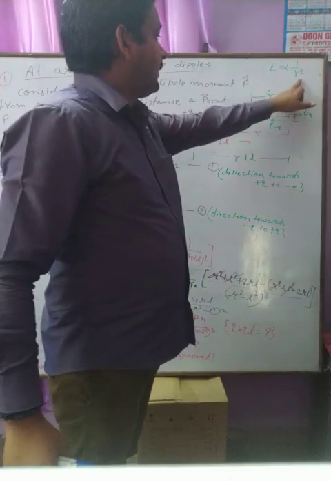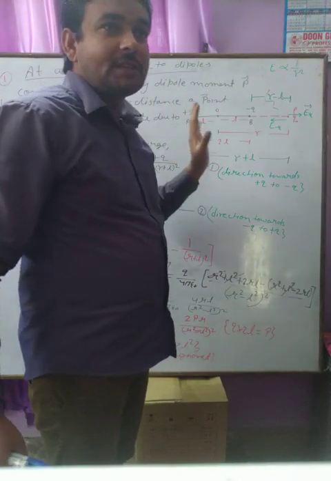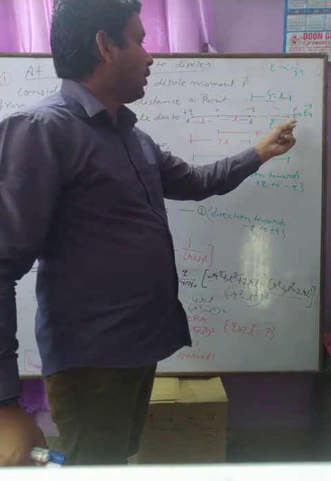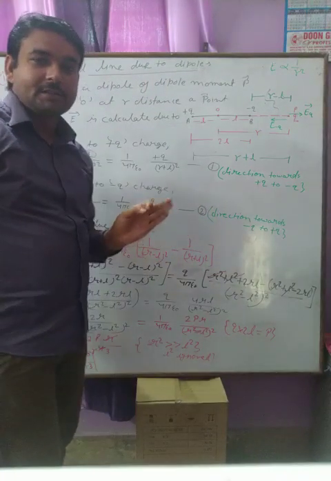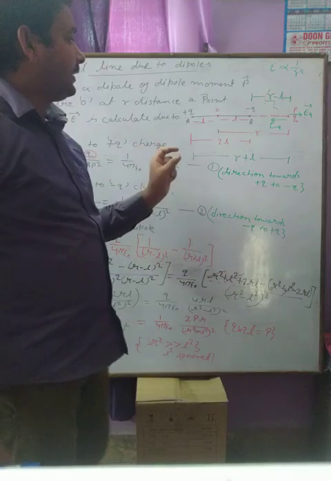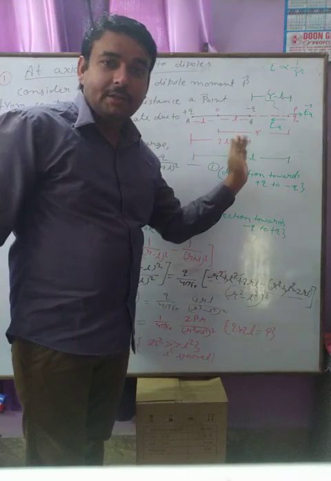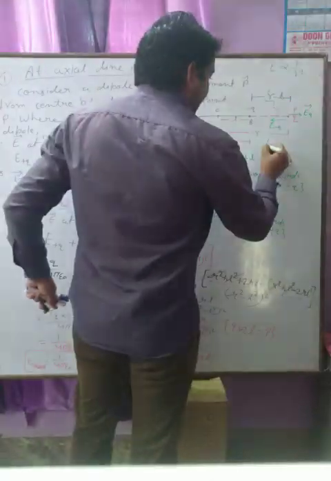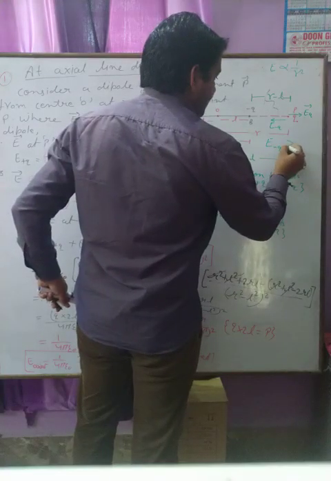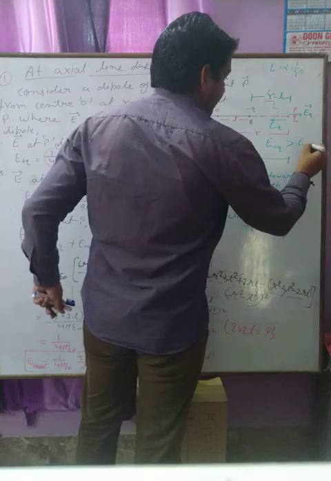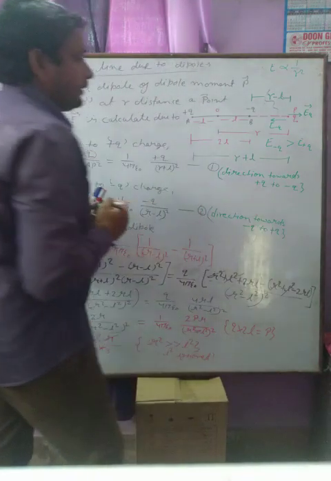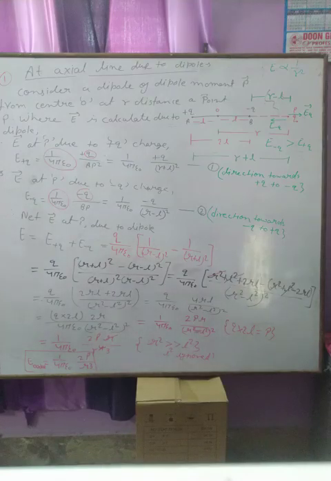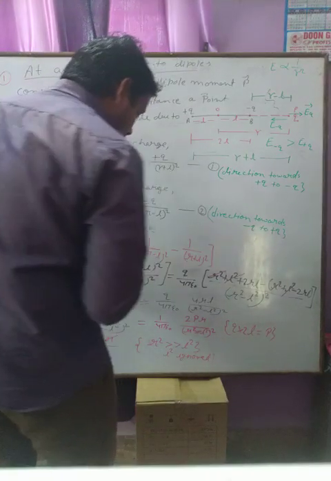The charge which is at a larger distance from point P gives a smaller electric field compared to the charge nearer to point P. So the electric field of the minus Q charge is greater than that of the plus Q charge. Therefore, the resultant direction of the electric field due to the dipole at the axial point is from minus Q towards the positive charge.